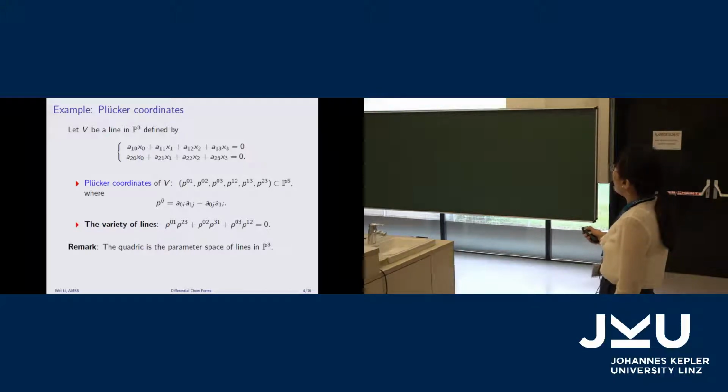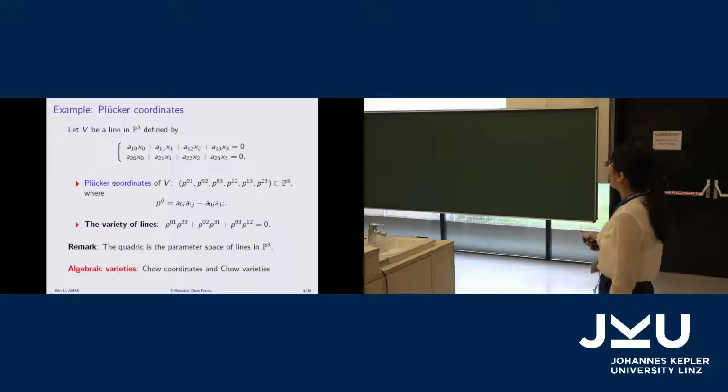And if we consider all the lines in P3, then the set of their Plücker coordinates is actually a quadric. And we call this quadric the variety of lines. And the quadric is just the parameter space of lines in P3. That means each point in the quadric represents a line in P3.